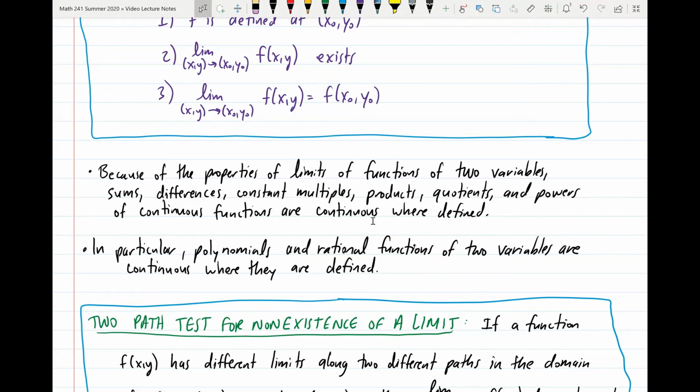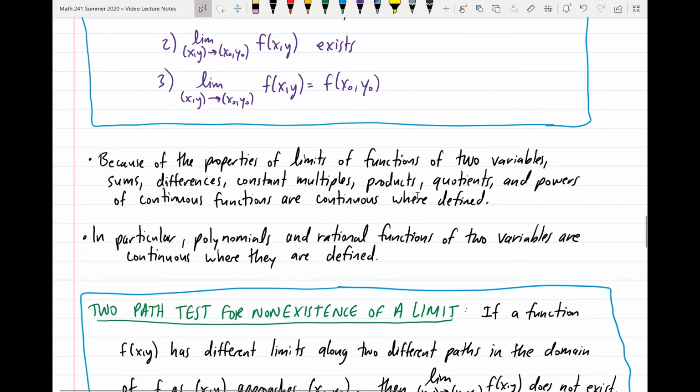So what that means is that if I have a continuous function and another continuous function and I add them together, I get a continuous function. If I subtract them, I get a continuous function. If I multiply them by a constant, I get a continuous function, and so on for all of these properties here.